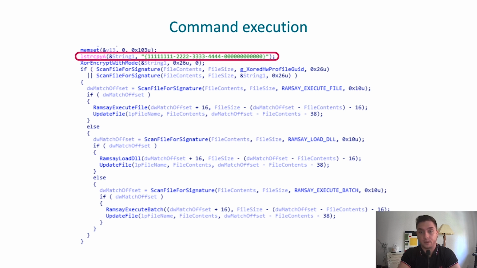Meaning that if this global GUID is found, that subject control file document will be executed by any victim. But anyway, if either of these two GUIDs is found within the subject control document, then Ramsay will try to scan for a command signature.